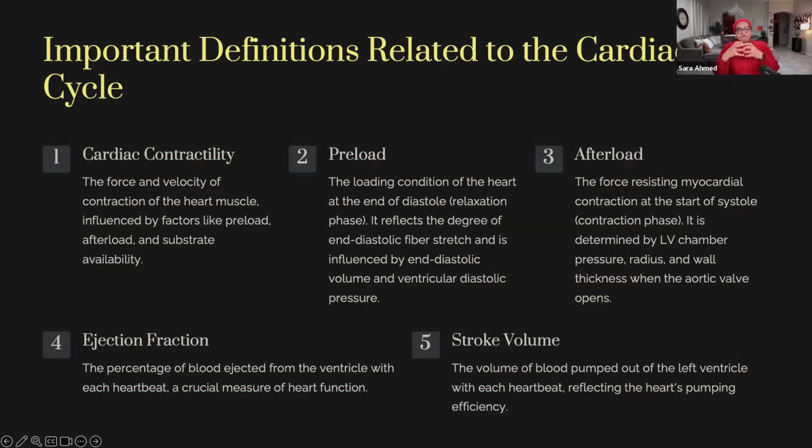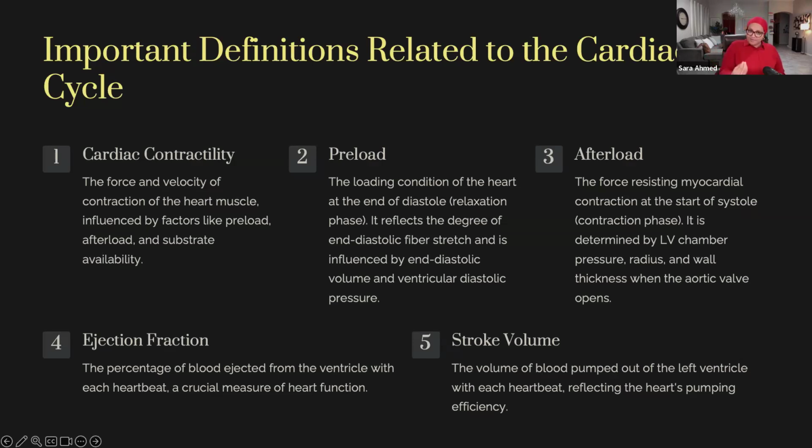The substrates for the heart muscle to work or to function, the most important are oxygen and glucose. The vehicle through which this is delivered is the blood flow to the heart muscle, which is the coronary arteries. The coronary arteries are the arteries responsible for delivering blood to the heart muscle, nourishing the heart muscle.